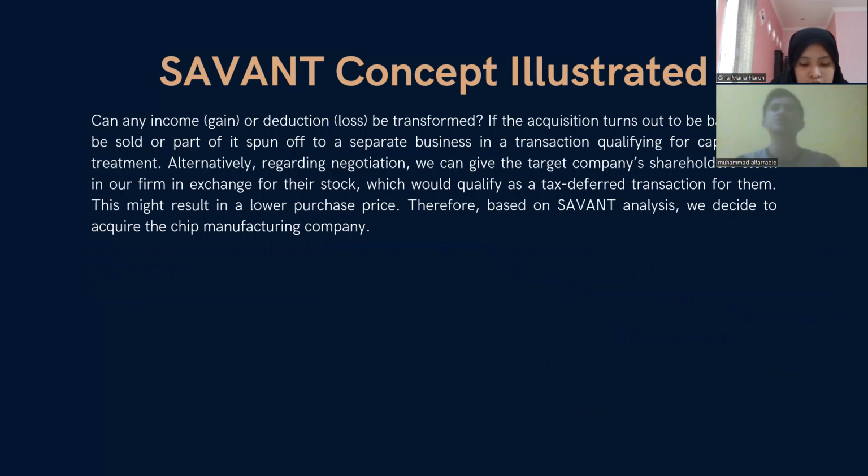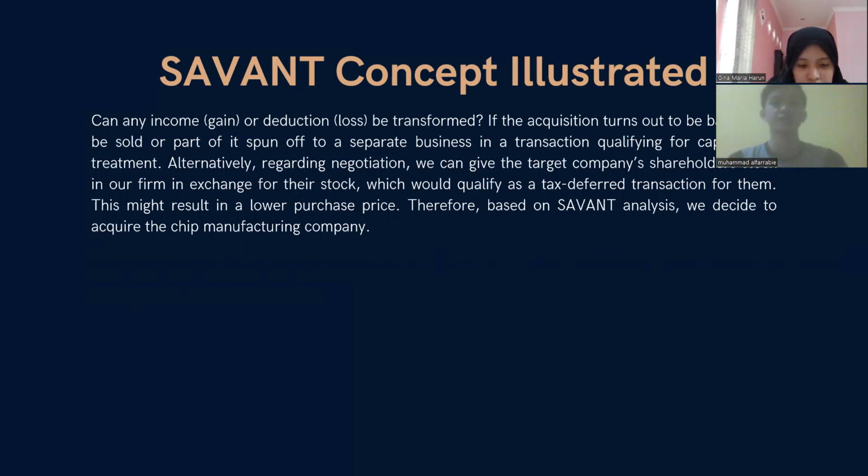Well, the next question is, can any income, gain, deduction or loss be transformed? The answer is, if the acquisition turns out to be bad, it can be sold or part of it spun off to a separate business in a transaction qualifying for capital gain treatment.